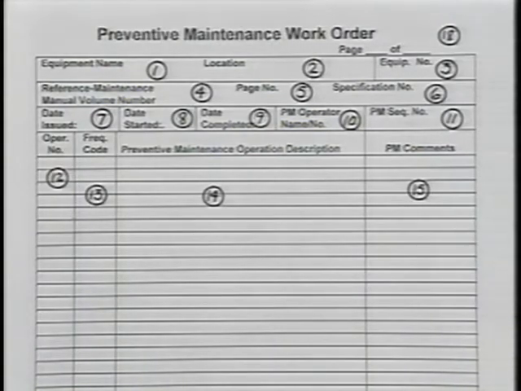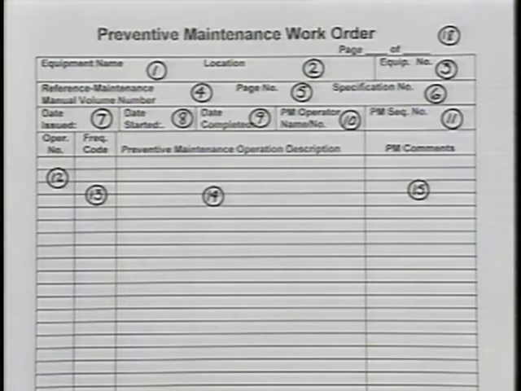So it's an audit trail for anybody that looks at any PM order to answer the question, where did the data come from? And that's something that I recommend you consider instituting in your PM and also major and minor overhaul applications.